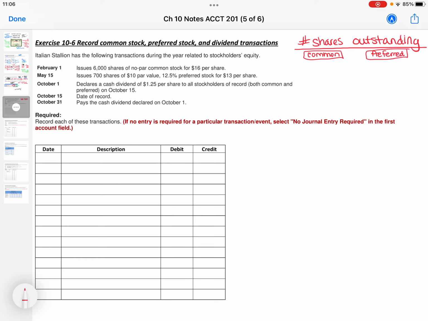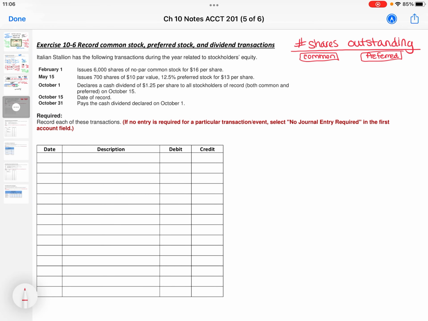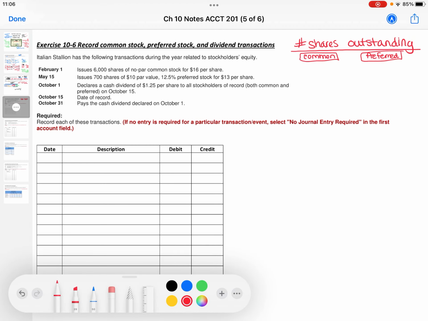Okay, so here's what I got. I've got several transactions. I'm going to sell common. I'm going to sell preferred. And then I'm going to do the 3 dates related to a dividend. So let's start with the first journal entry, which is February 1st.